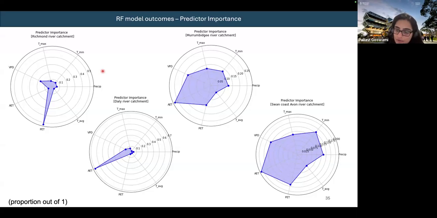But what was interesting was a significantly important role played by potential evapotranspiration and VPD. As you can see in this figure, we've got a really higher value of PET compared to other climate drivers for the Richmond River catchment, which is on the East Coast. And because there are similar variables that go into defining VPD as well as PET, a similar peak was observed for VPD.